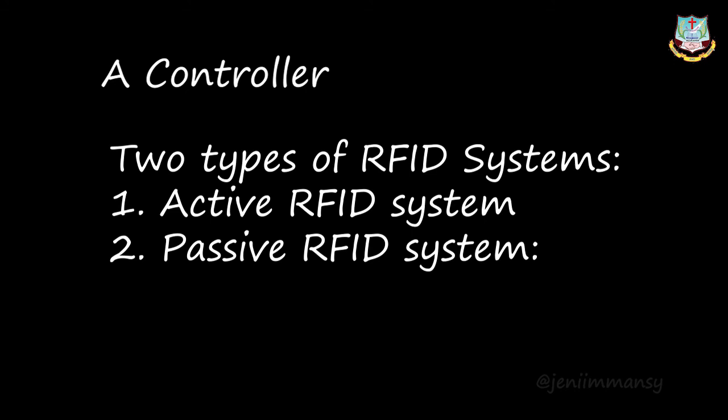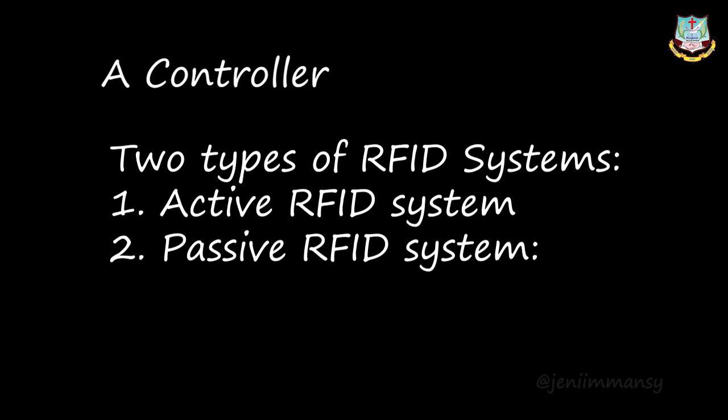The two types of RFID tag we saw, that is active RFID and passive RFID, right? Active RFID means the tag has its own power source. That means this system will be used for large distances to track vehicles, high value goods, some big valued products, right?